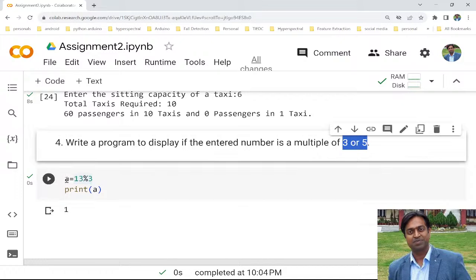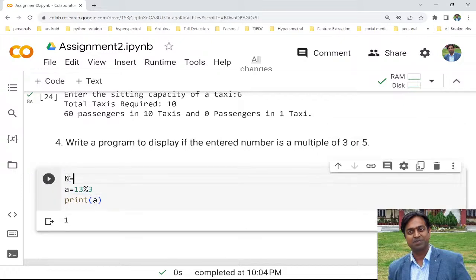Suppose the number is n equals 12. I put n over here, and I have to check for this and for this also. If n % 3 is equal to 0, it means n is divisible by 3.